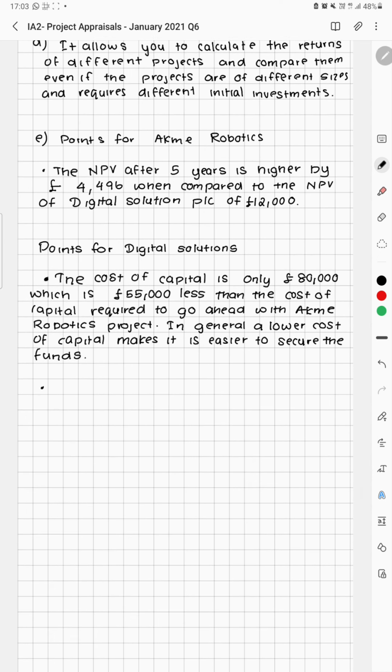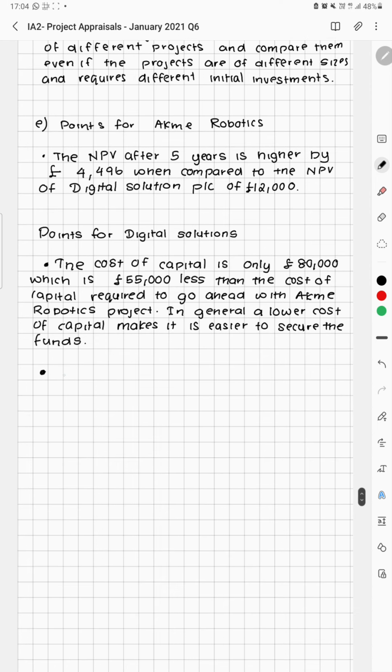And we look at the profitability index under Digital Solutions' offer. So again, profitability index, the formula is net present value plus cost of investment divided by cost of investment.